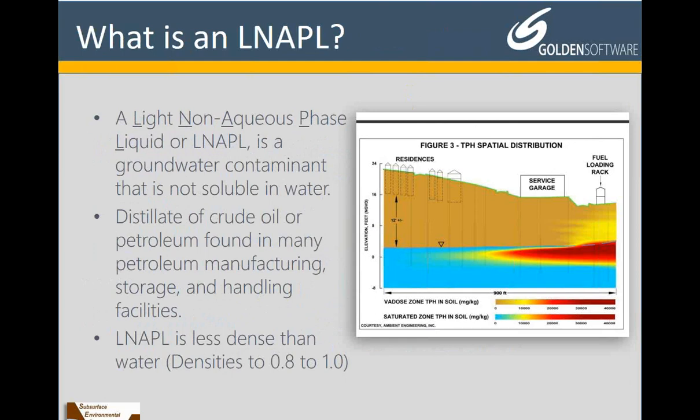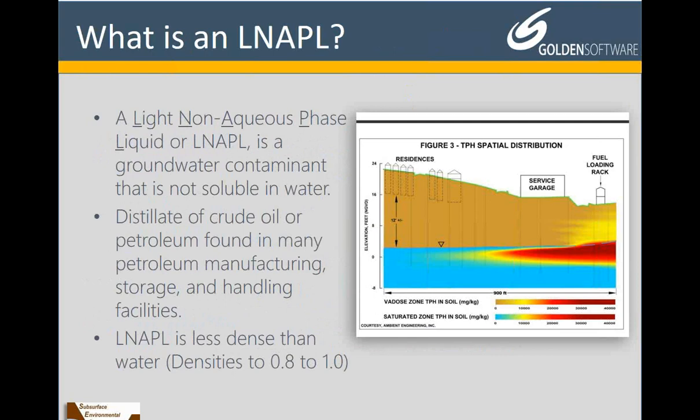So let's talk a little bit about what LNAPL actually is. LNAPL, for those of you that don't know, stands for light non-aqueous phase liquid. So LNAPL is an acronym. For that, as most of you know, we're usually talking about gasoline, diesel, fuel oils, jet fuels, etc., or crude oils, in the case of refineries, for example.